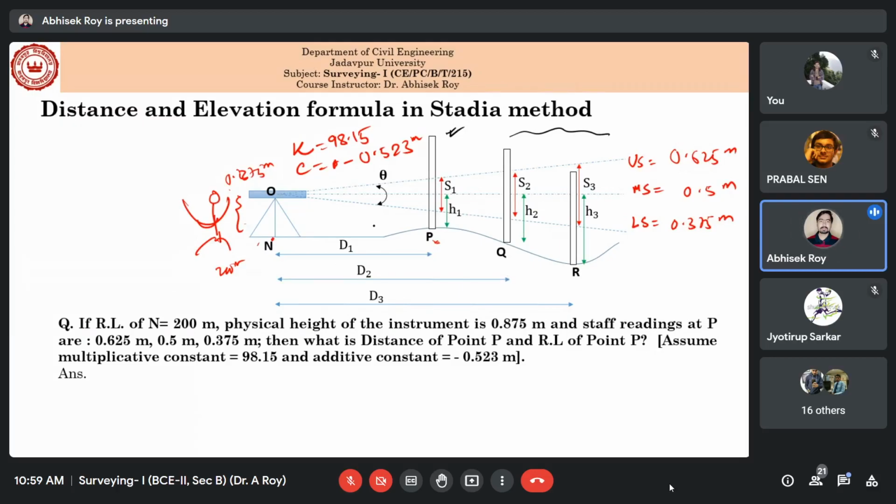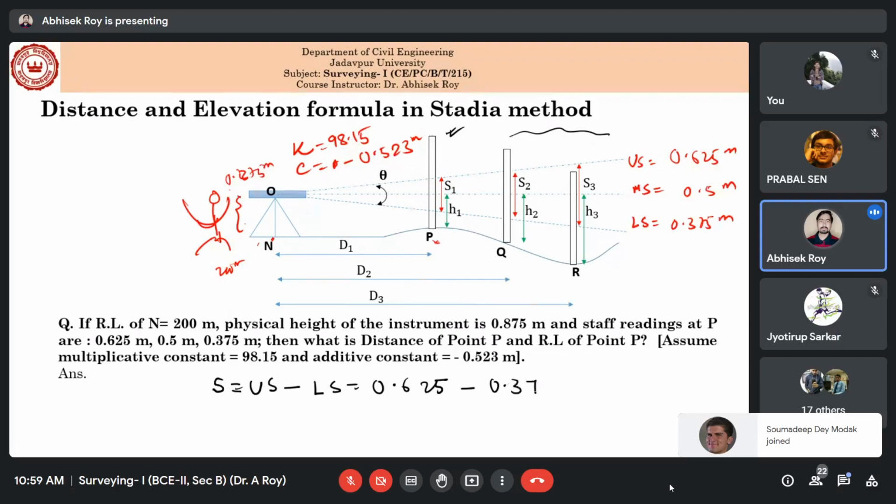Okay. So now, as we have noted down the upper stadia, middle stadia, and lower stadia readings, first we will calculate the staff intercept, and that will be simple: upper stadia minus lower stadia. So calculate the staff intercept, that is 0.625 minus 0.375 meter.